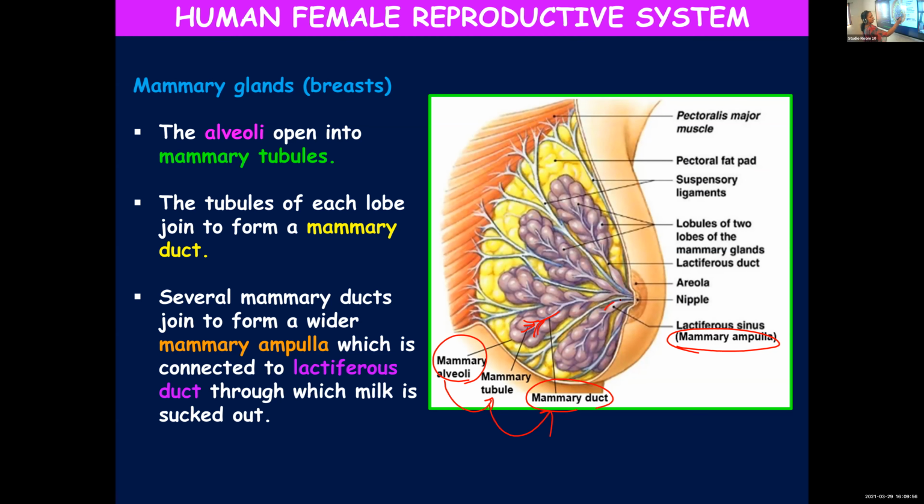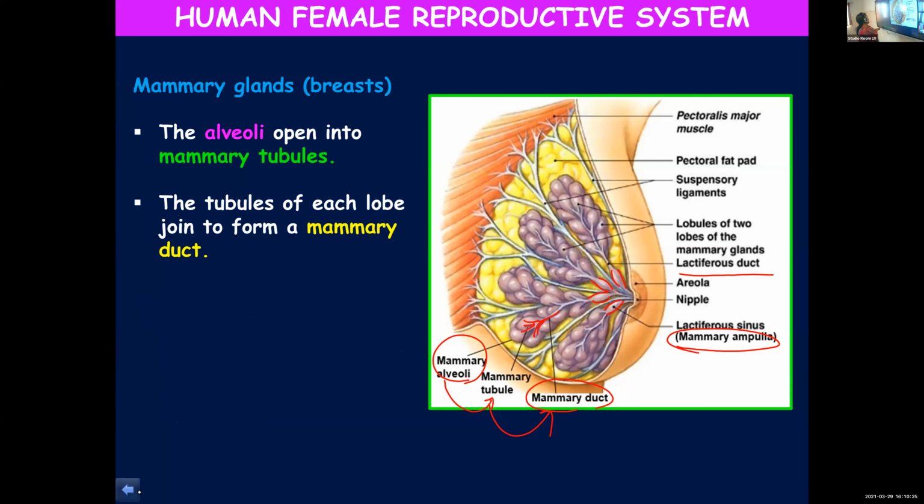Here you can see a little wider part when compared to the other ducts. This wider part, you call it the mammary ampulla. And this mammary ampulla is connected to the lactiferous duct, and it is through the lactiferous duct that the milk is sucked out by the baby.